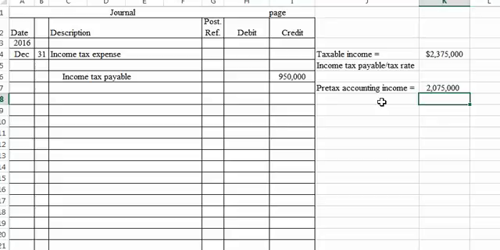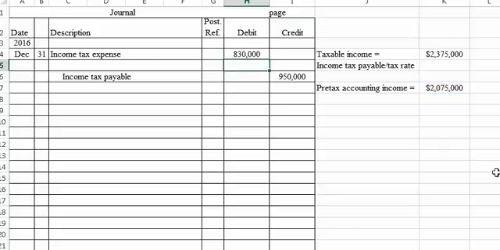So that gets us pre-tax accounting income of $2,075,000. Okay, so if we want income tax expense, we'll say pre-tax accounting income $2,075,000 times our tax rate of 0.4.